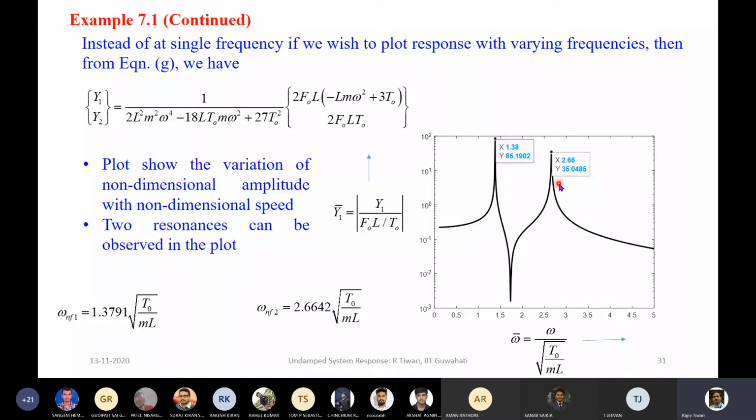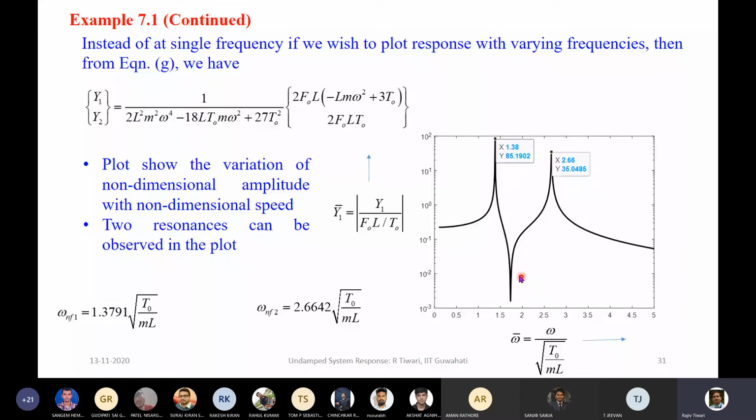This also has importance in the sense that when we design any dynamic system, generally we design between two modes, so the excitation frequency of the system will be somewhere here. We take advantage of this.